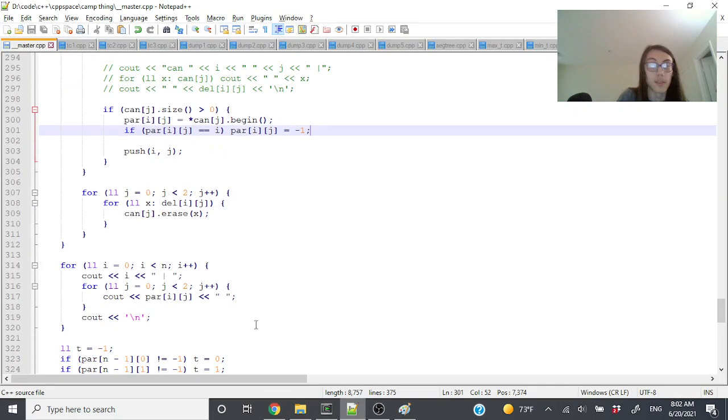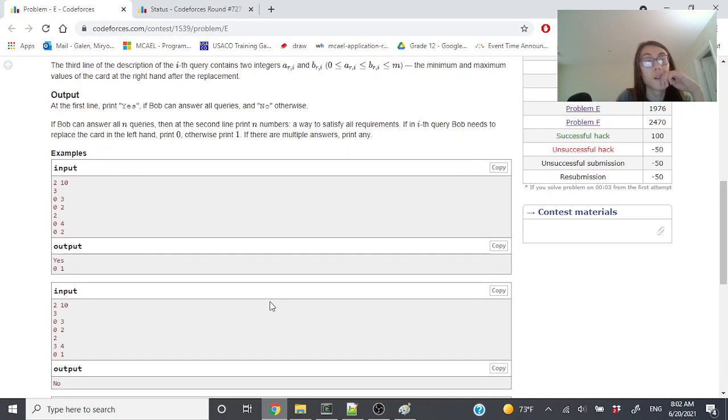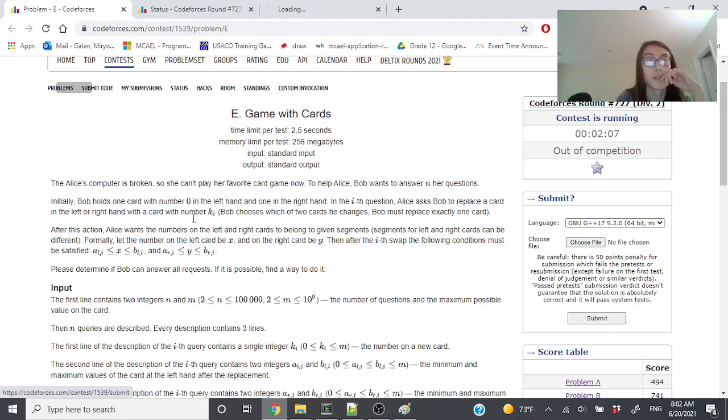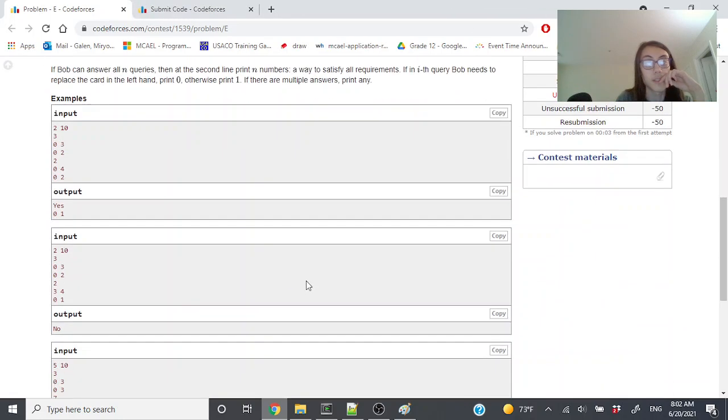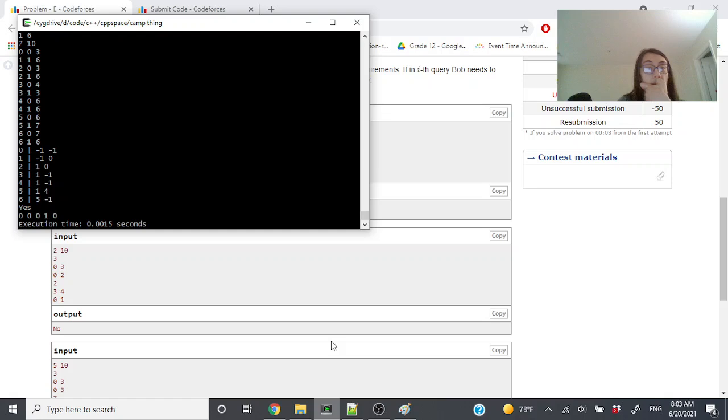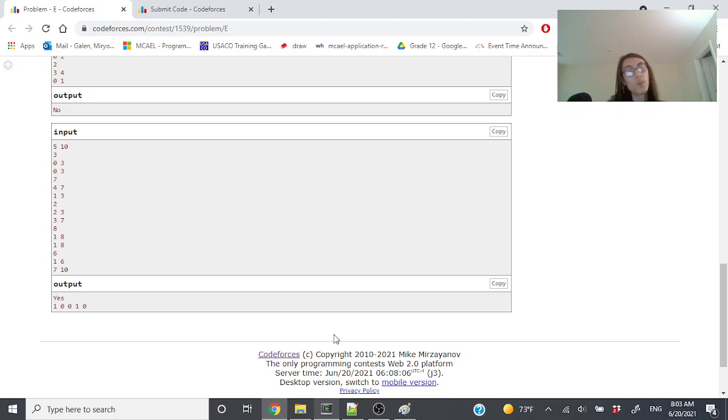Wait, is the point to... Now I'm very confused. 3, 0, 3, 0, 2. What? 1, 1, 6. So if we put the 1 in the place, and the 1 will survive for a while.